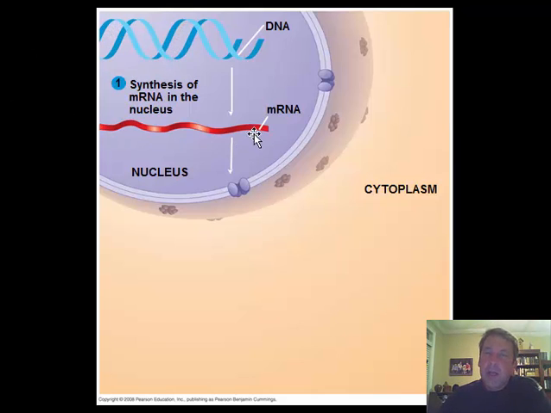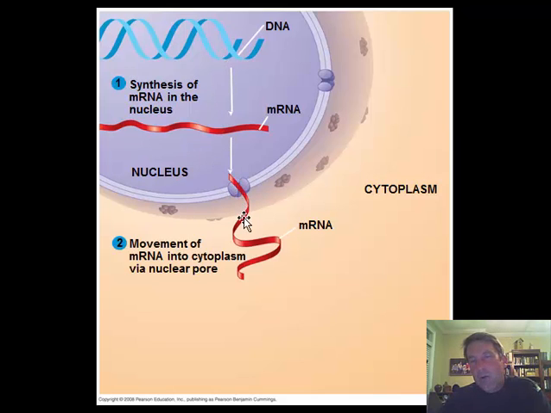And RNA is just a single ribbon, and it is not in a helical shape. But these are our two nucleic acids. Now DNA carries information, and then RNA copies it from DNA and takes it out of the nucleus. So this is the nucleus of our cell right here.